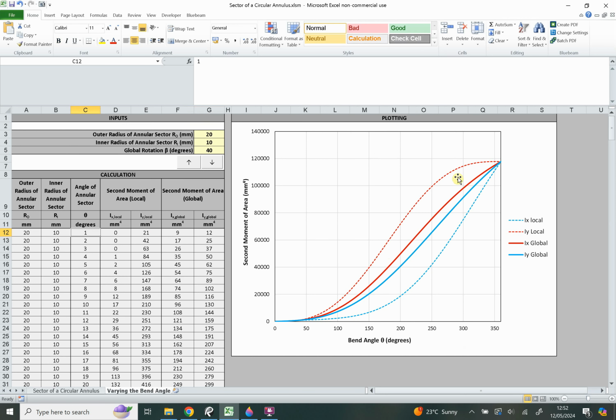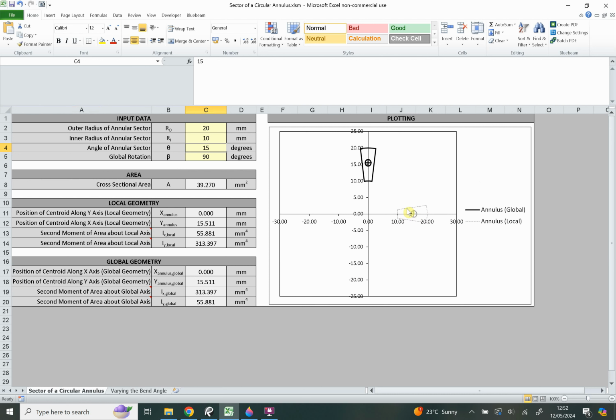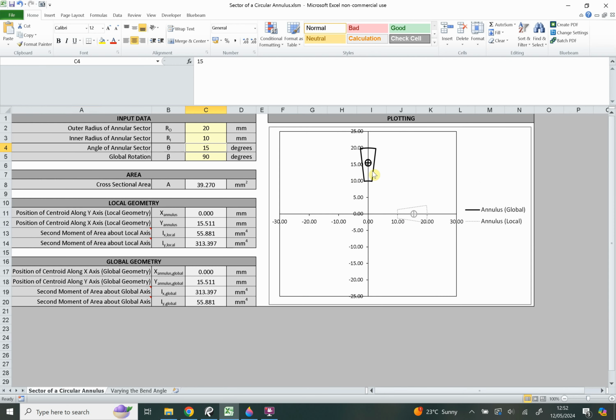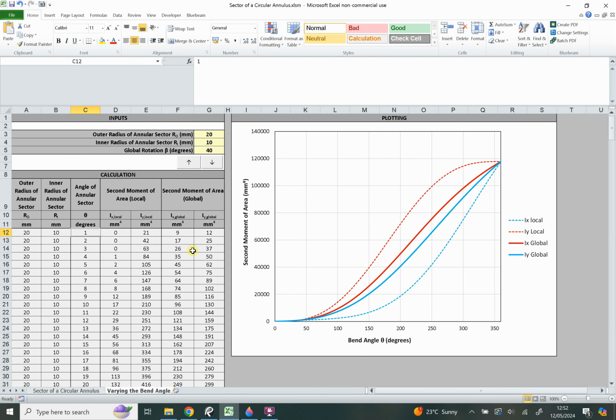The dashed lines on this chart are the second moments of area for the simple case, for this grey annular sector. The solid red and blue lines are the second moments of area for this black system over here. You can toggle this value up and down and change the global rotation.